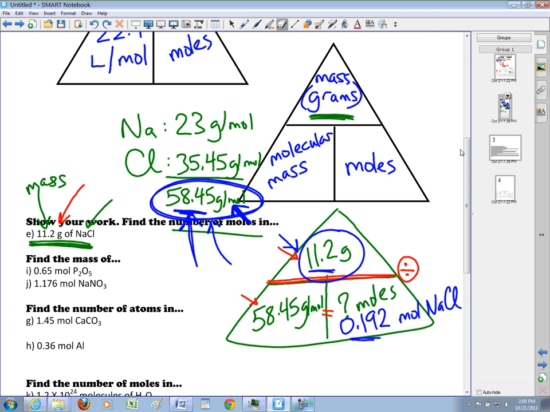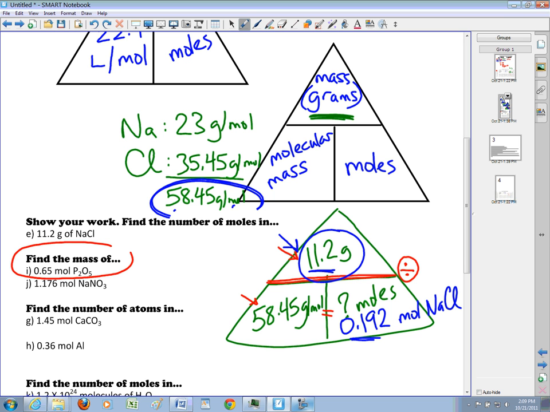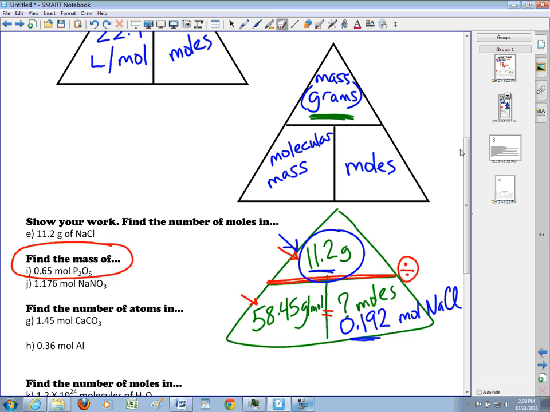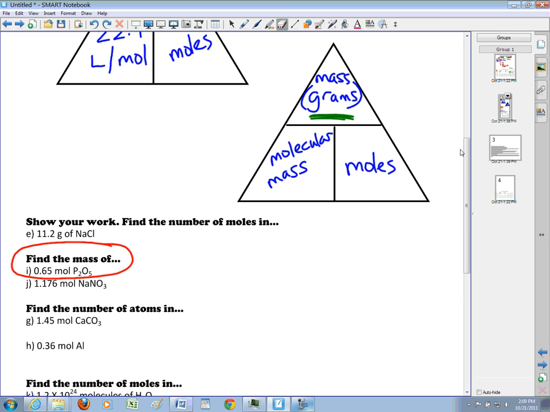Let me clean up some of this mess here. So I'm going to take a look at the next question here. Question I. What if the question was backwards and it asked me to find a mass? So let me just erase this other stuff here for the time being. Let's get rid of this and that. There we go.